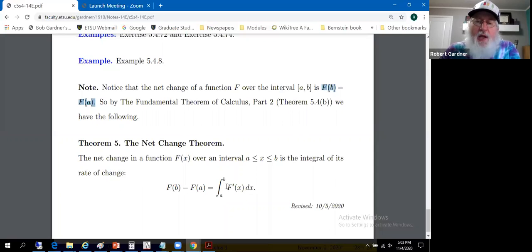I'd find an antiderivative of F prime of x to evaluate this integral. What's an antiderivative of F prime? F itself. F is what I differentiate to get F prime. So this net change idea can be expressed in terms of definite integrals by the fundamental theorem of calculus part 2. So it's a happy day.